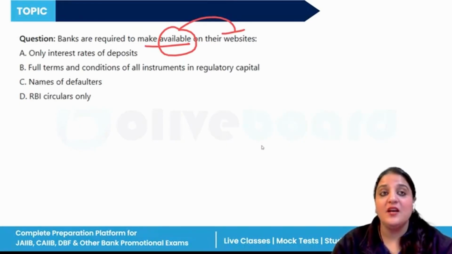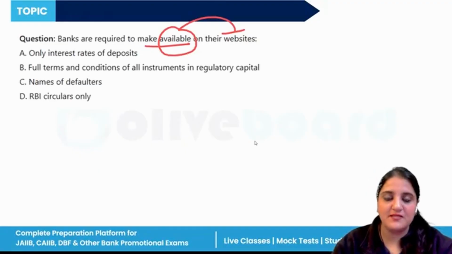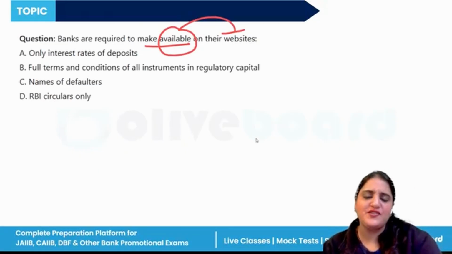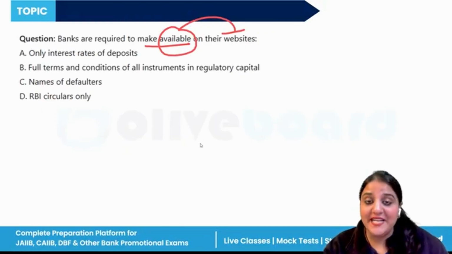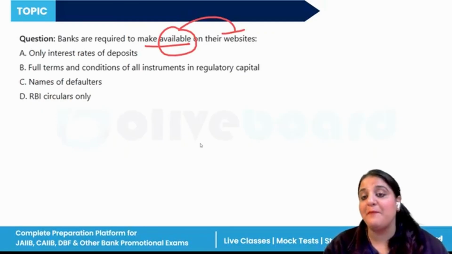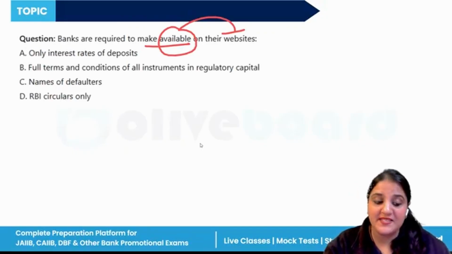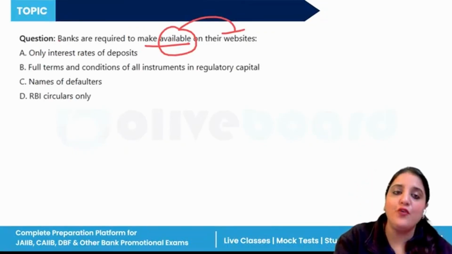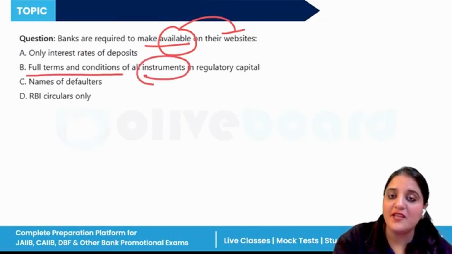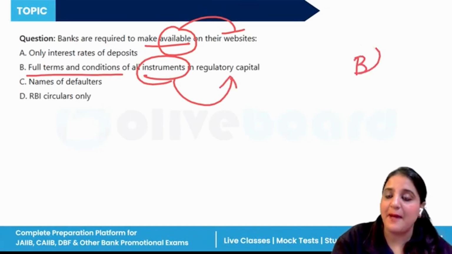It ensures that banks are transparent, and gains the confidence of the investors. So RBI mandates this: complete disclosure of all the capital requirements for transparency and for compliance. So answer B is correct. Full terms and conditions of all the instruments in the regulatory capital.